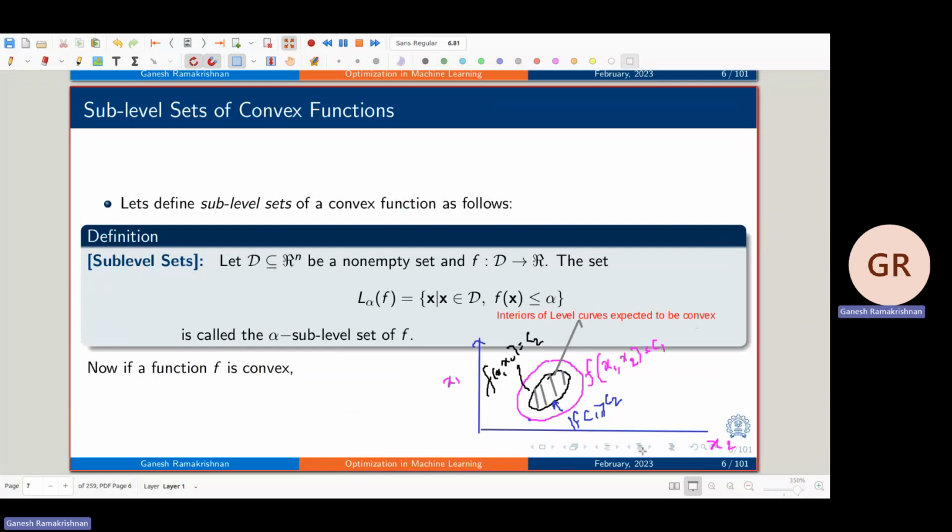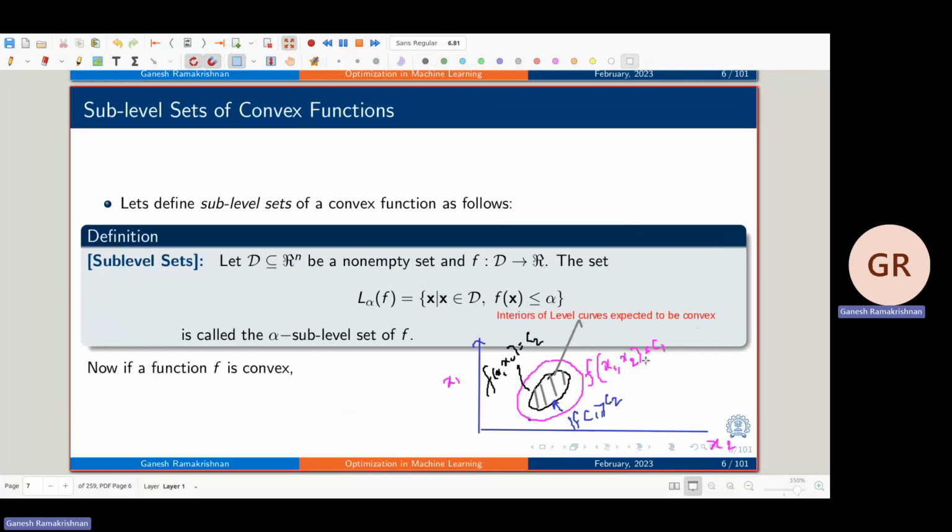Now, what is the connection with directional derivatives and gradients? We're going to see that very soon. The point with sublevel sets is that interiors of these level curves are expected to be convex. If the function were not convex, if the function were like this, then the set of x1, x2 such that f(x1, x2) is less than or equal to alpha would not look convex.